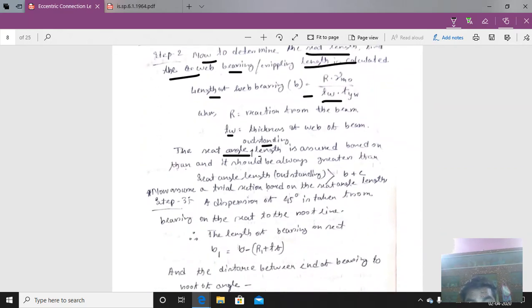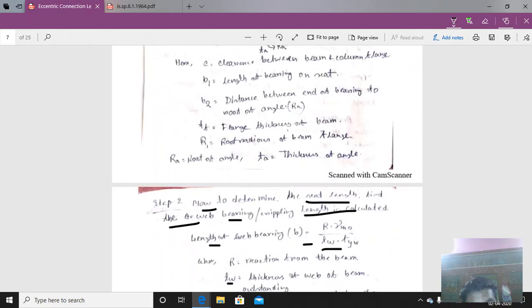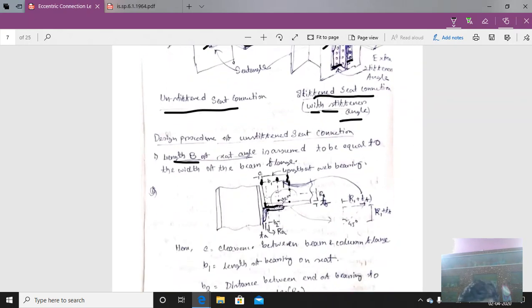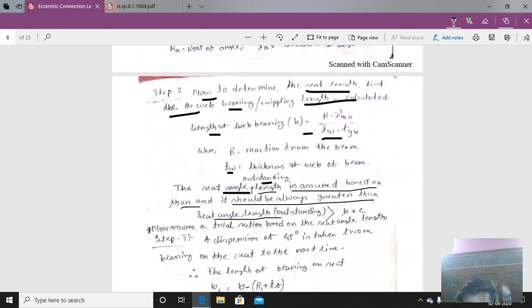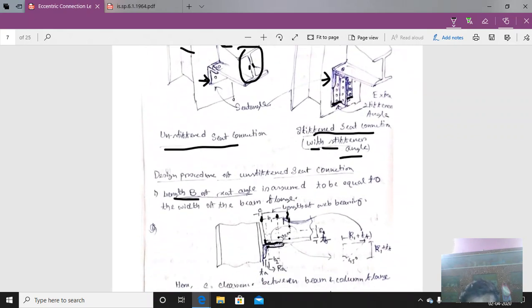So the seat angle outstanding length is assumed based on that, and it should always be greater than the value of B plus C. B means the web bearing, plus we have to assume some extra clearance for that.